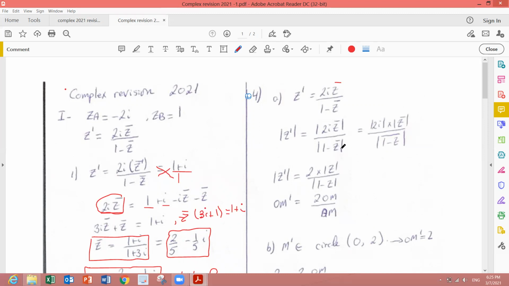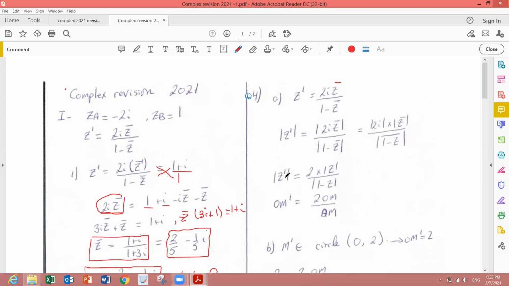But I cannot calculate the modulus of the denominator if it is written like that, so I keep modulus of 1 minus z bar overall. Modulus of 2i is radical 0 squared plus 2 squared, equal radical 4, which is 2. Modulus of z bar equals modulus of z, by property. And modulus of 1 minus z bar equals modulus of 1 minus z.